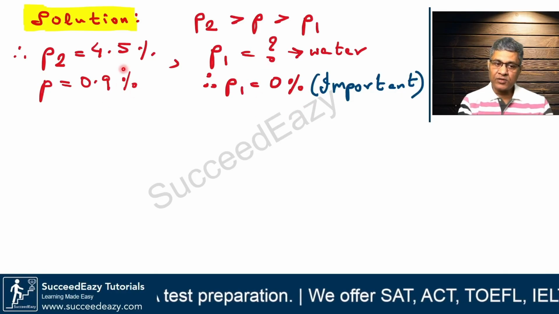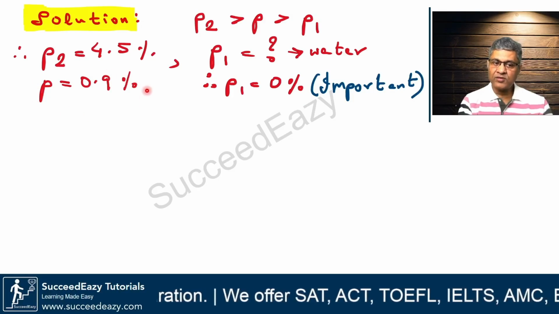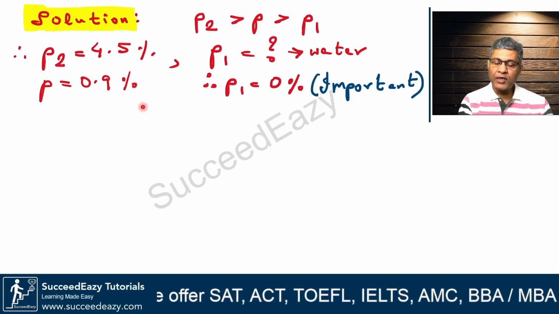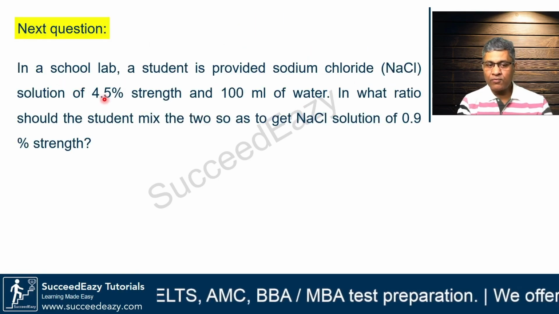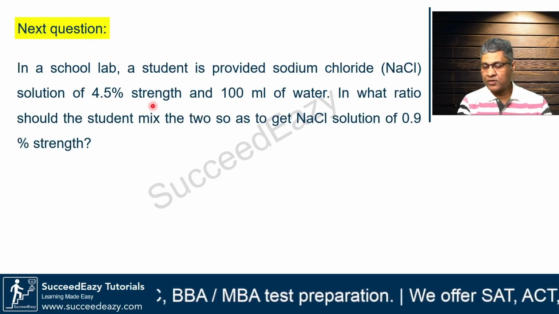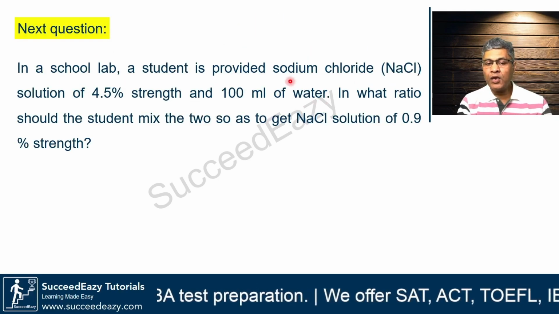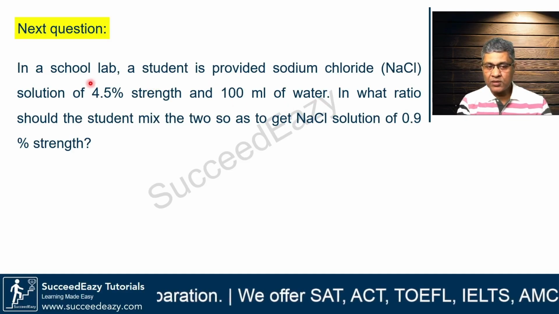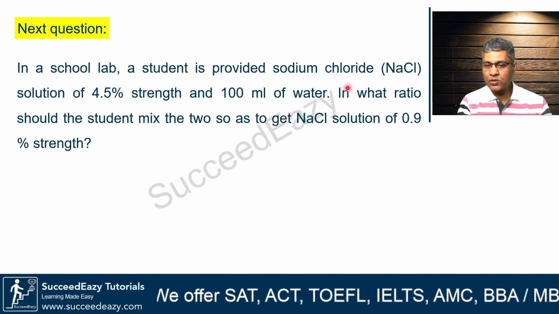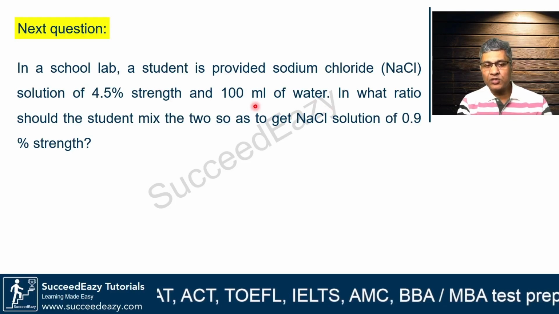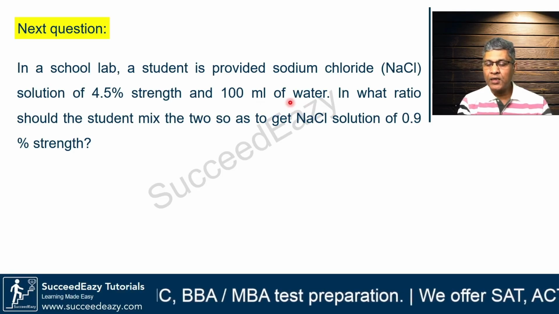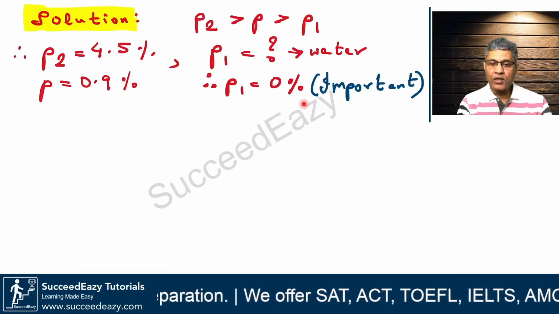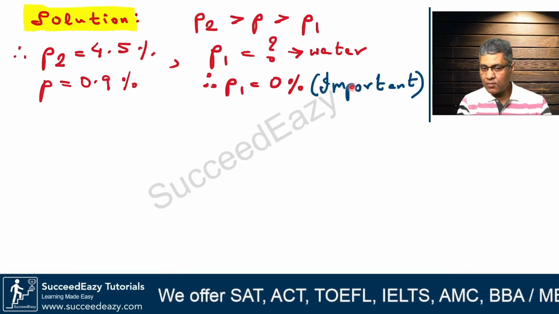And the average concentration, or the mean concentration, P, is given as 0.9%. Please look at the question. Mixing a solution of 4.5% strength with 100 milliliters of water. So the strength is there in this sodium chloride solution, but in water there is no sodium chloride, it is 0%. So this is an important step.